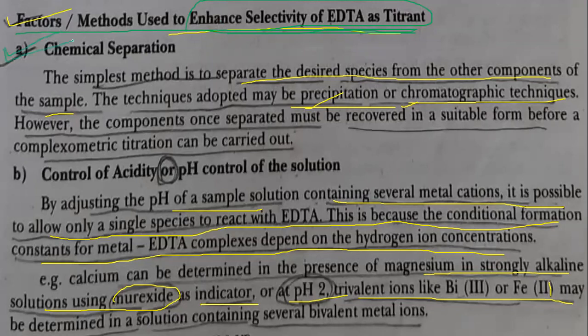In this method, we separate the desired species from the other components, and that desired species we titrate, or react, with the EDTA. We can use a precipitation or a chromatographic technique to separate that species from the rest, and by titration we can find out the concentration of that particular species with the help of EDTA.